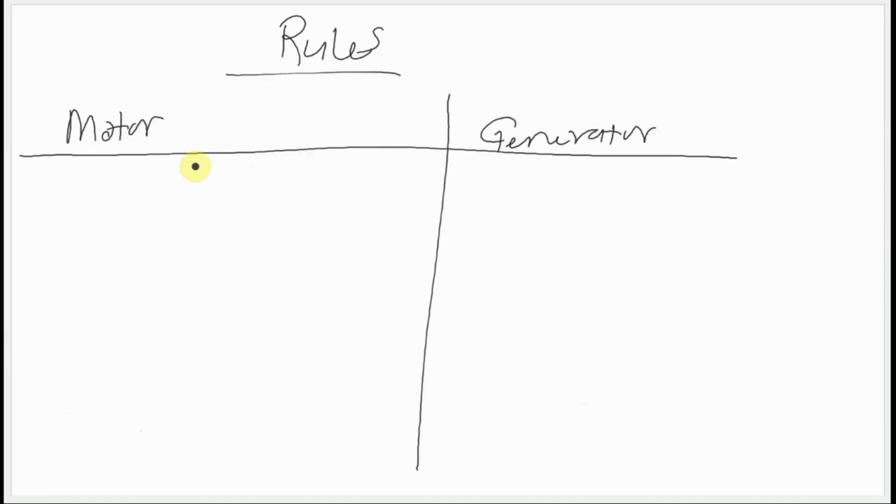Now that we have described the rotation of the loop using graphs, we can use the rules to find the direction of some of the concepts inside these machines.